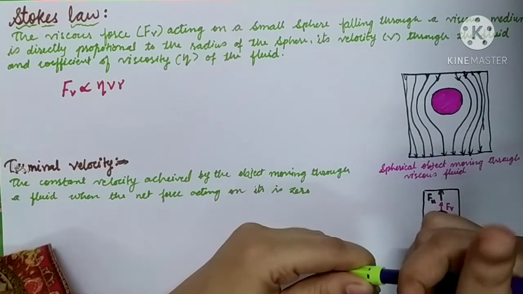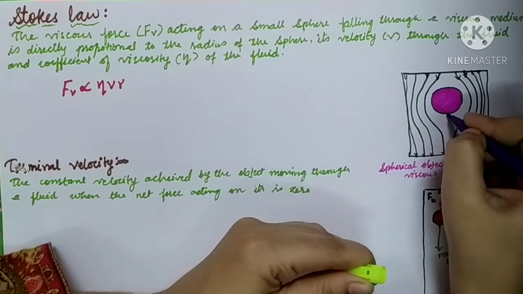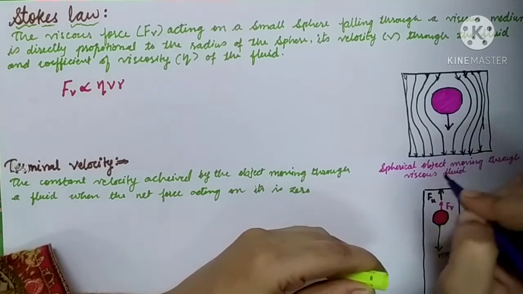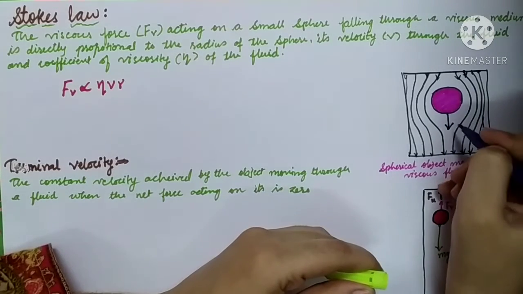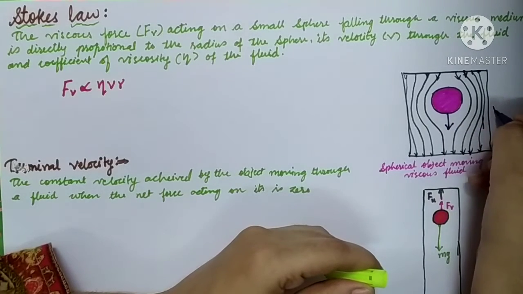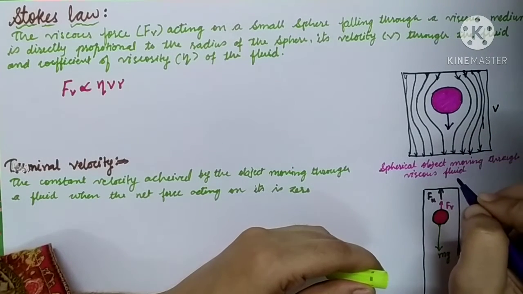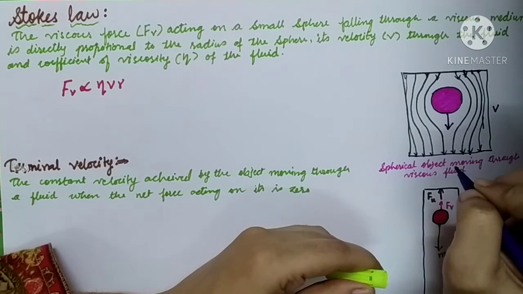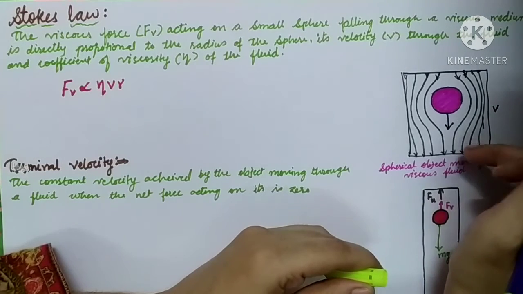Suppose this sphere is moving in a downward direction; this is the direction of velocity of the sphere.